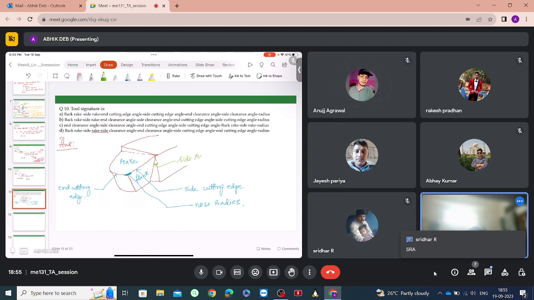The side relief angle is basically the angle that the flank makes, and the flank contains the side cutting edge. Hence the name side comes with the relief angle. The angle made by the flank with the vertical direction is called the side relief angle, which is denoted by say Cs.